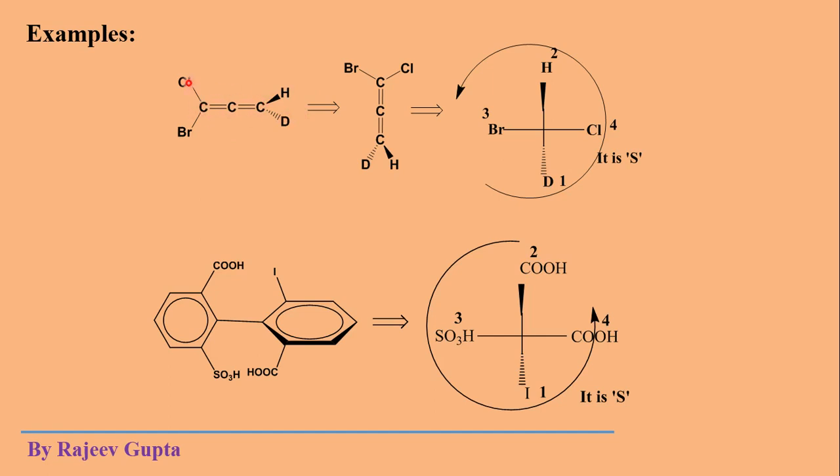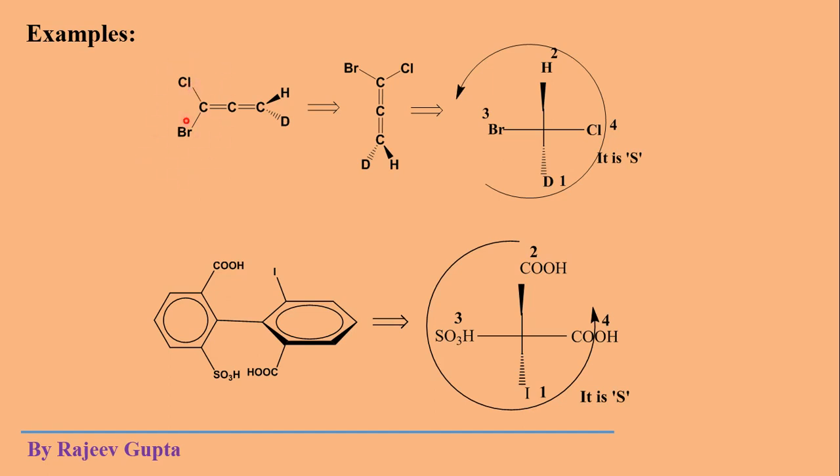This allene structure is a substituted allene derivative, where all the four groups attached to this chiral axis, carbon double bond carbon double bond carbon, this rod-like structure, are different. So imagine this structure in a standing position. Remember this planar portion.